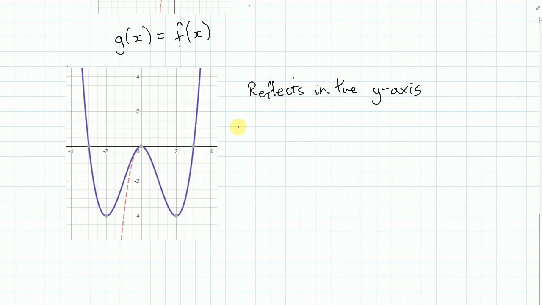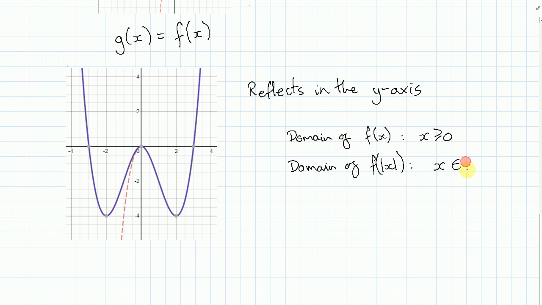So if the domain of f(x) is x greater than or equal to 0, the domain of the function that's modulus of it is actually x is a member of all real numbers.